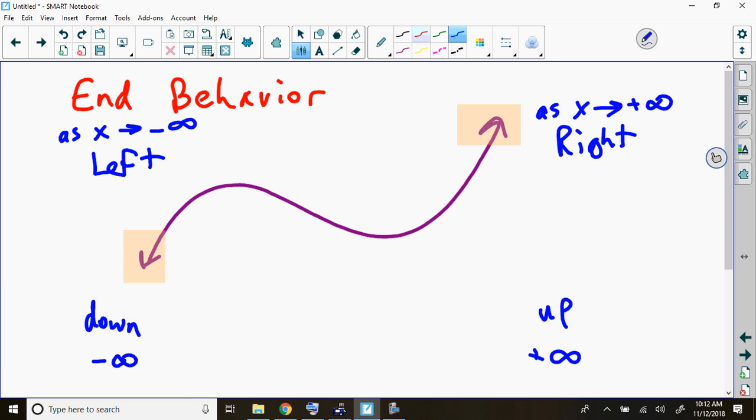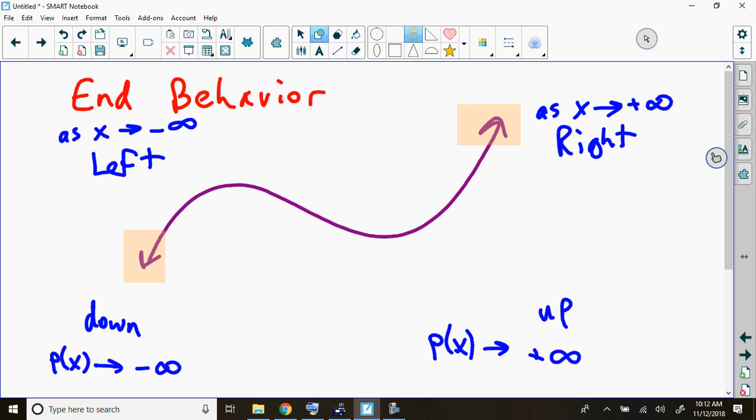And technically, when we say down, what we're saying is p of x is approaching negative infinity, and when we go up, p of x is approaching positive infinity. So in pre-calculus, you're going to have a lot more words than I'm going to show you. But for sake of time and simplicity, we'll just talk about things being down and up. So 2 words, down and up.